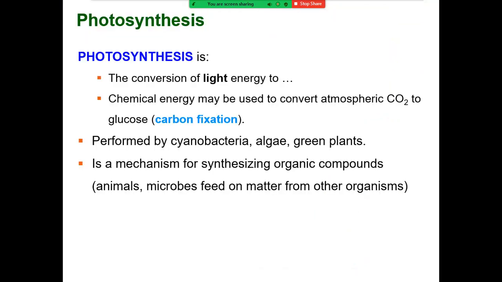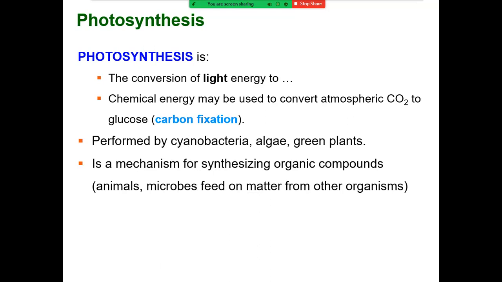All right. Let's briefly talk about photosynthesis. Photosynthesis is the conversion of light energy into chemical energy, which we call carbon fixation, where CO2 and water are converted into glucose. Photosynthesis is performed by cyanobacteria, algae, and green plants.